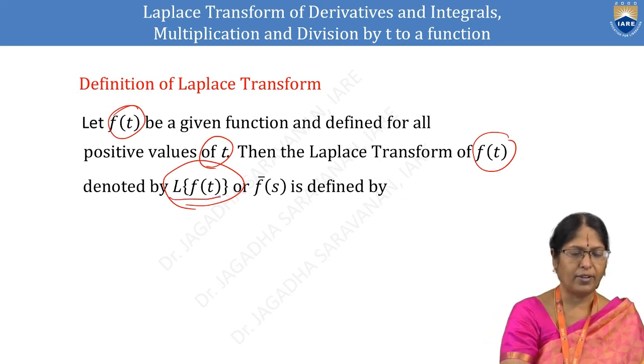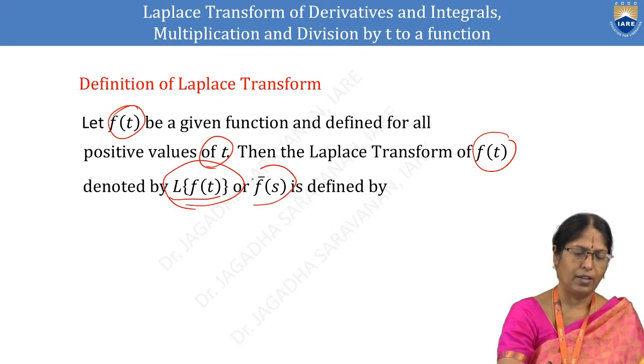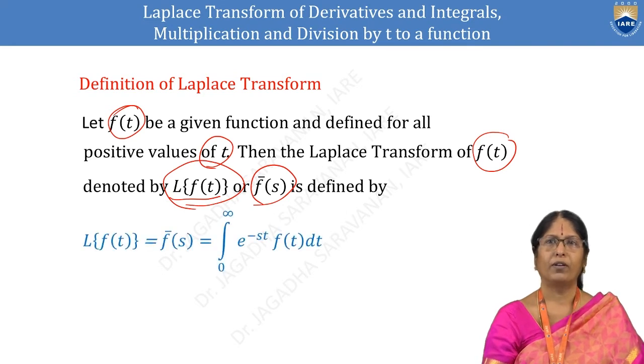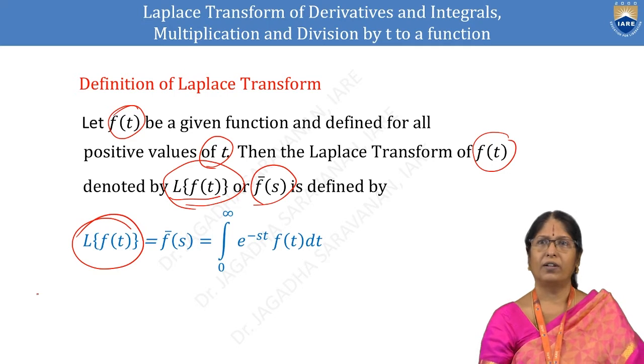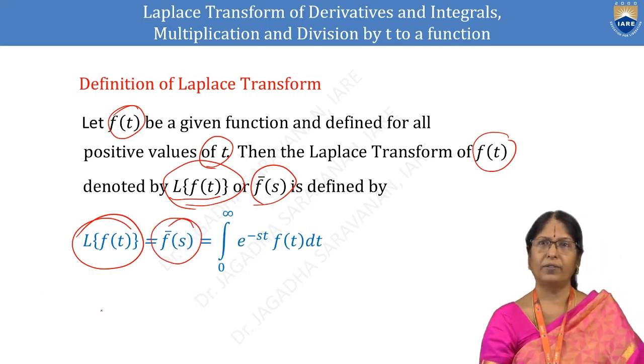We can write L of f of t, otherwise f bar of s, also we can say. So L of f of t equals f bar of s.